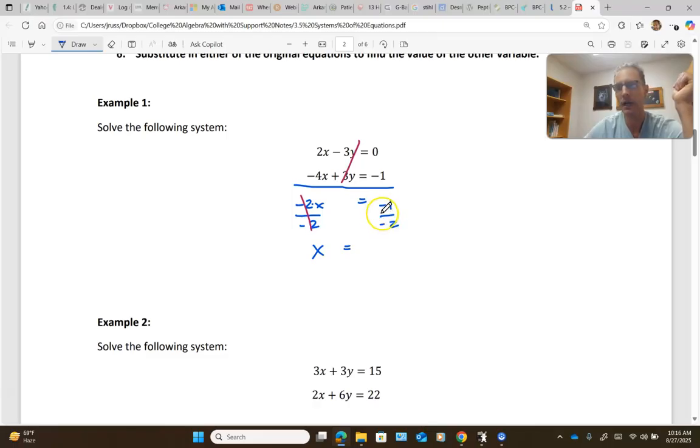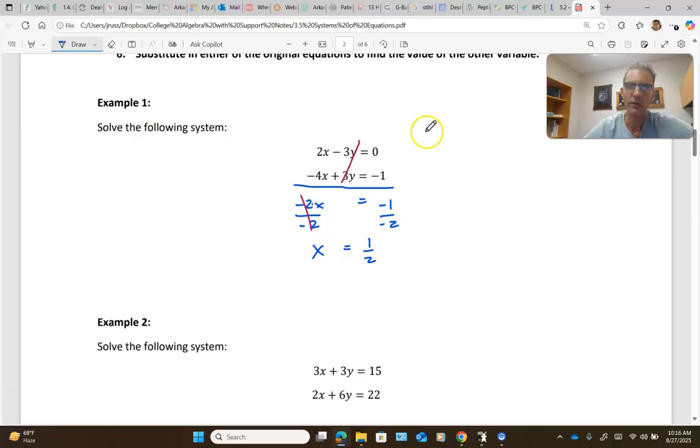The two negatives, however, will turn into a positive, so we're going to end up with 1/2. And guys, do not be alarmed if you come up with a fraction value. I think most of these, your solutions are not going to be fractional, but there could be one or two.